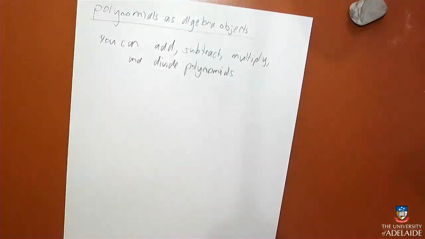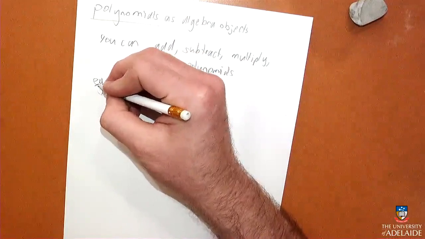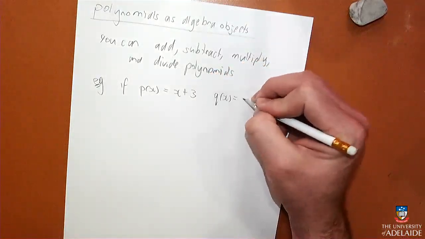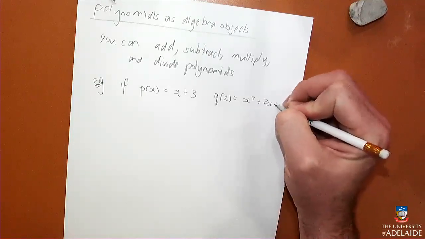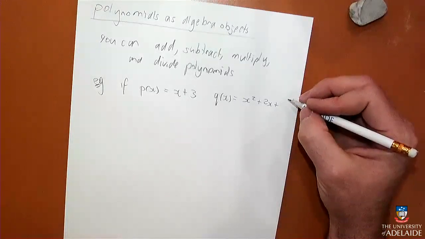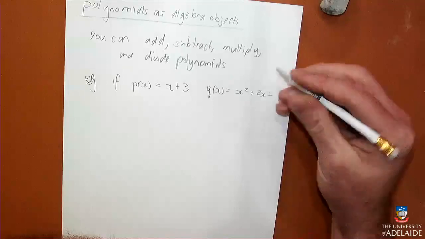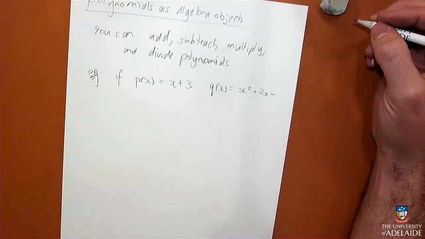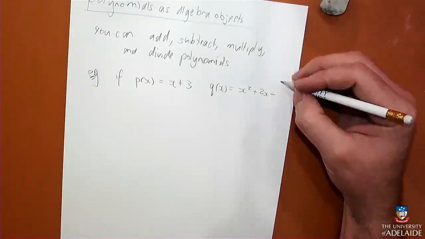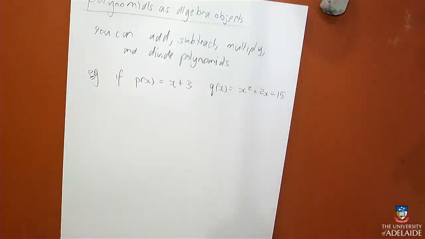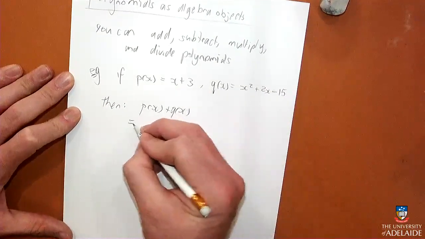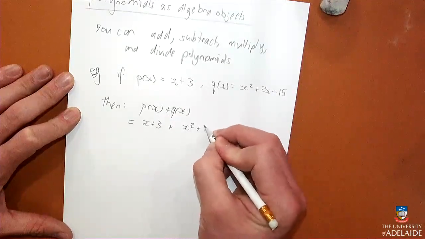So adding them and subtracting them and multiplying them, we're used to that from the algebra that we've learned in the past. So just for example, if P of x is x plus 3 and Q of x is x squared plus 2x minus 15, then P of x plus Q of x is the same as x plus 3 plus x squared plus 2x minus 15.